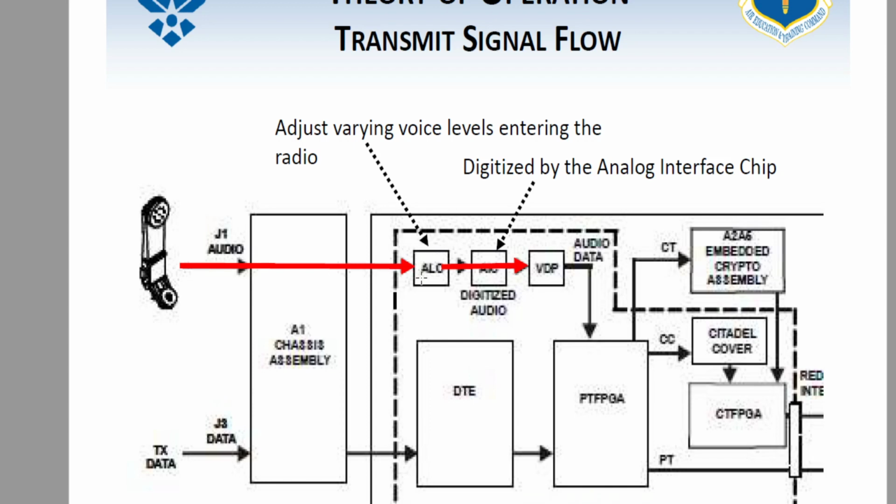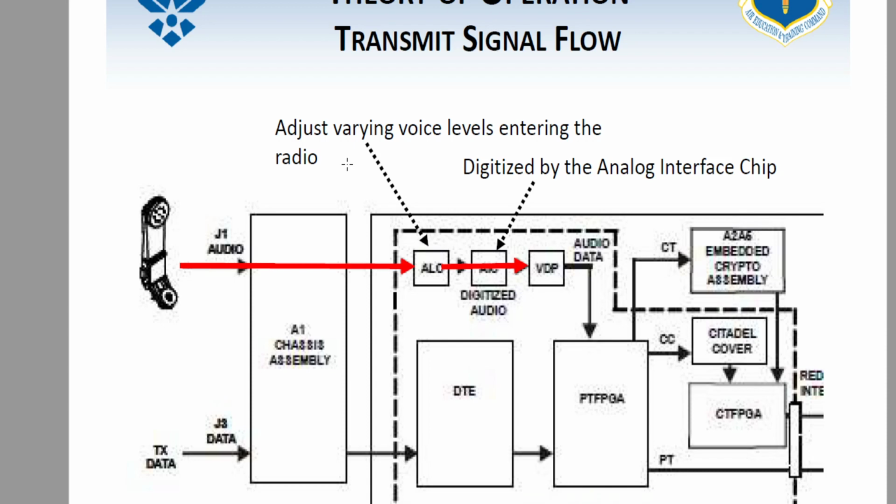And it goes to this thing right here called the ALC, not the A1C, which is this thing next to it that often gets confused. There's also a chip right here called the AIC. But the first thing it comes into is the ALC. The ALC is the automatic level control, not chip. It's used for adjusting varying voice levels as they enter the radio. As your voice comes into the radio, you all have different patterns in how you talk.